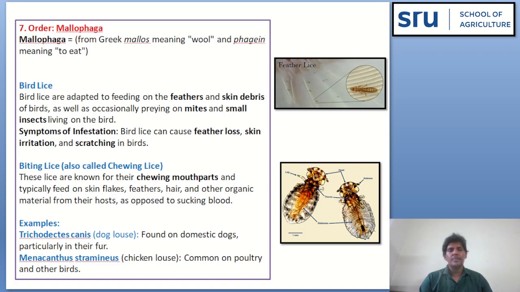Next order is the Mallophaga, wool-eating insects. These are present on birds. Examples are bird lice and biting lice. Bird lice are adapted to feed on the feathers and skin debris of birds, as well as occasionally preying on mites and small insects living on the birds.